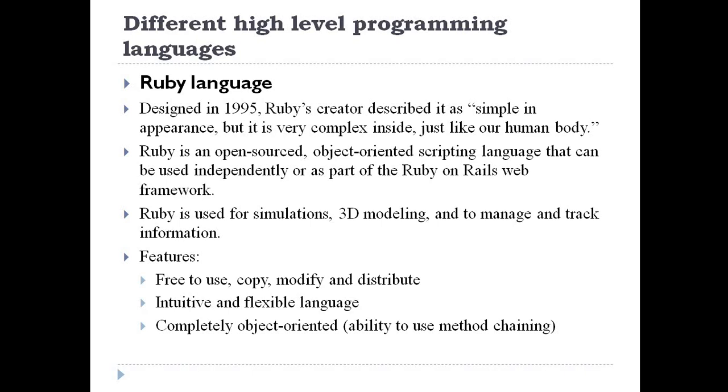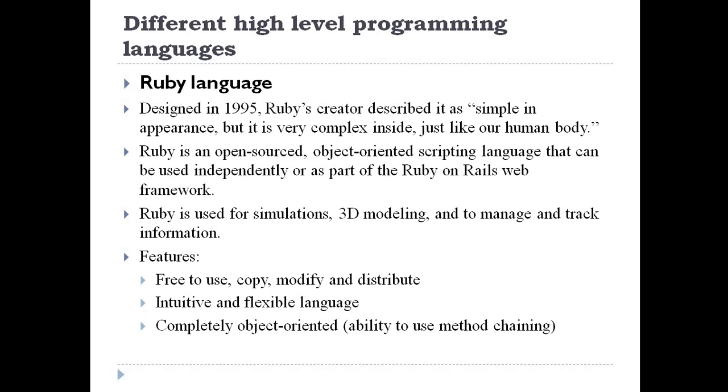It is basically used for healthcare organizations or 3D modeling concepts, for detecting 3Ds in scanners or any big machinery, or tracking information. That language was used. It is actually based on totally scripting as well as object-oriented concepts, and it was released in 1995. The features: it is easy to use, copy, modify, distribute, intuitive and flexible, and completely object-oriented. Ability to use method chaining.